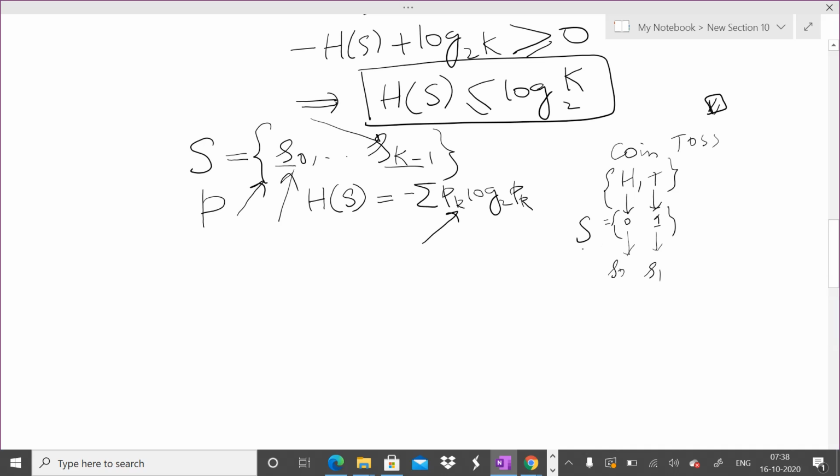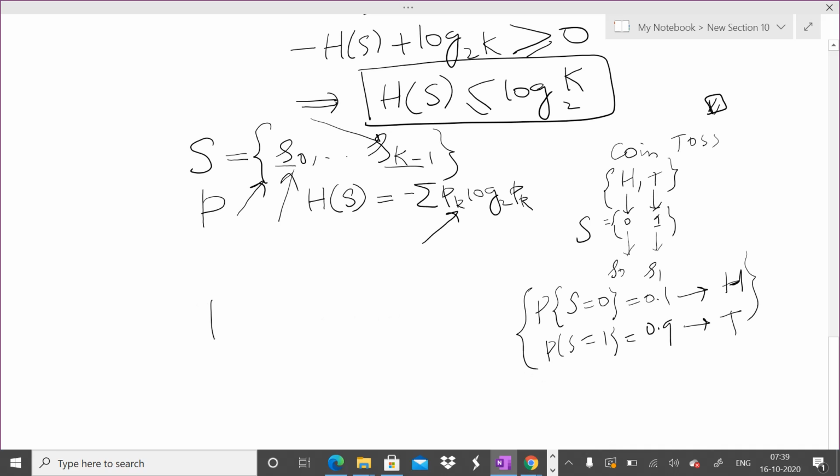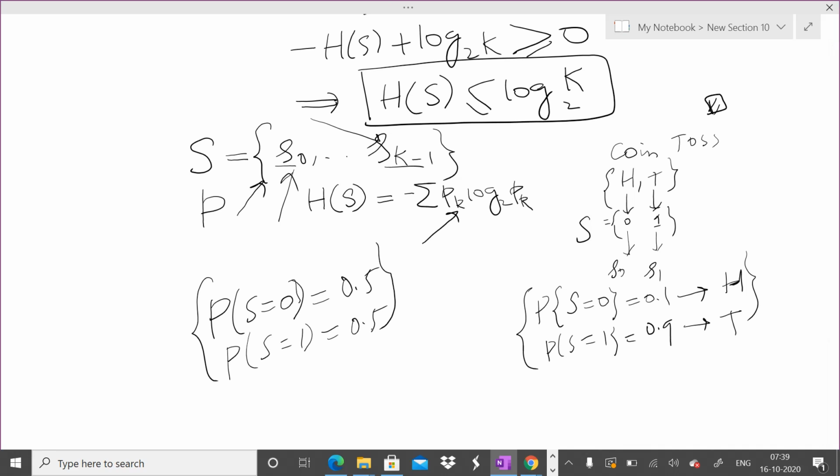Now if the probability of S equal to 0 is 0.1 and the probability of S equal to 1 is 0.9, that is, the probability of head is 0.1 and the probability of tail is 0.9, this is one scenario. The other scenario is where the probability of head is 0.5 and the probability of tail is also 0.5. Now I ask you, and you should think yourself, in which scenario will you be most confused or most uncertain if you throw a coin for a toss?